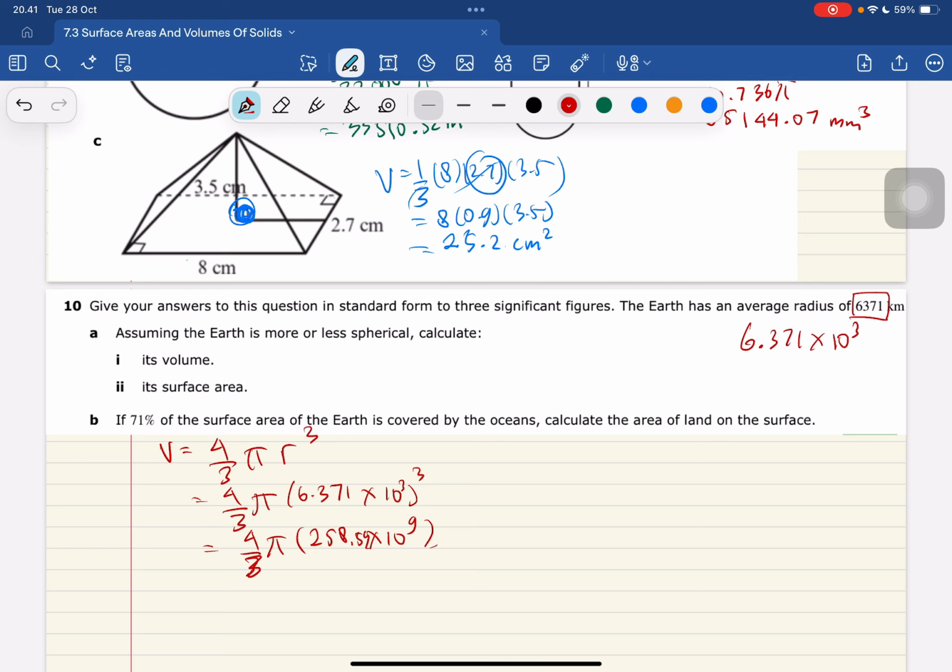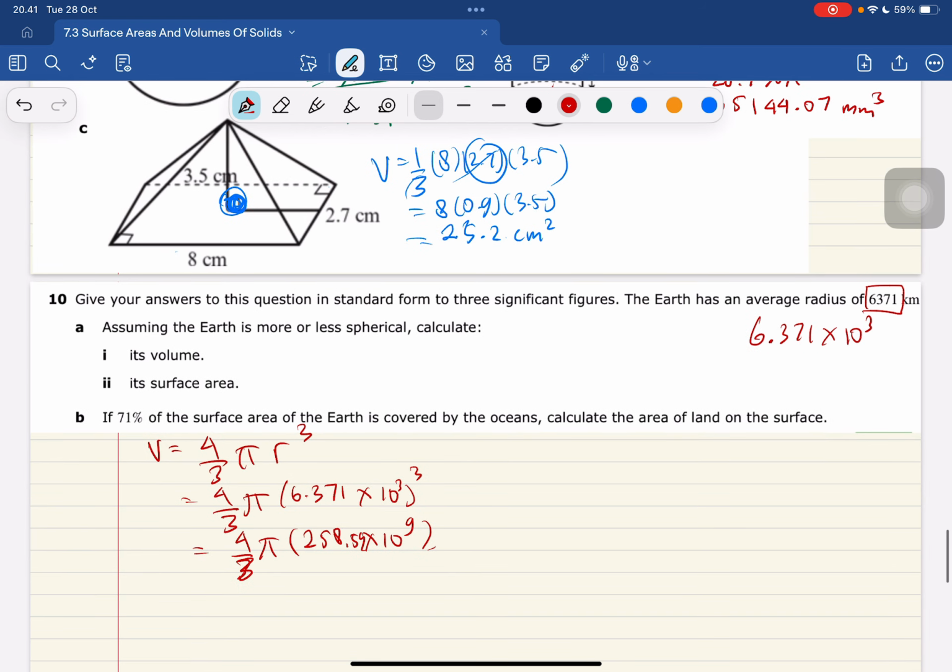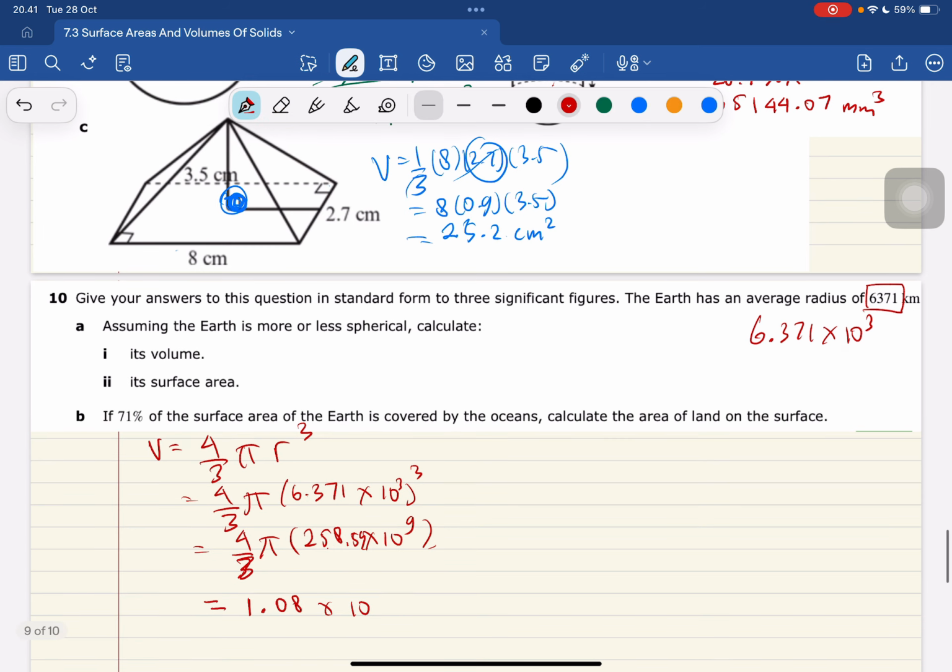Okay, you can use a calculator here. So this will give you the answer of 1.08 times 10 to the power of 12. Sorry, it's going to be 12. We add it from here too. So this is 12, then kilometers cubed.